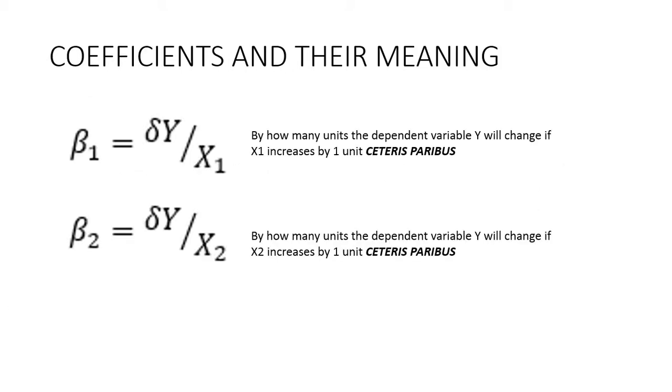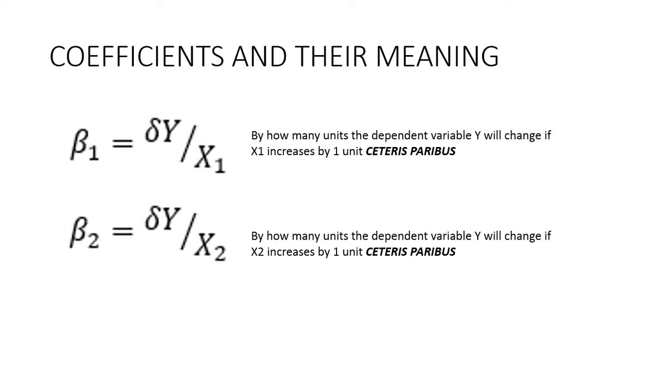Analogously, beta 2 will stand for the partial derivative of y with respect to x2. Beta 1 tells you by how many units the dependent variable y will change if x1 increases by 1 unit. Beta 2 tells you by how many units the dependent variable y will change if x2 increases by 1 unit.